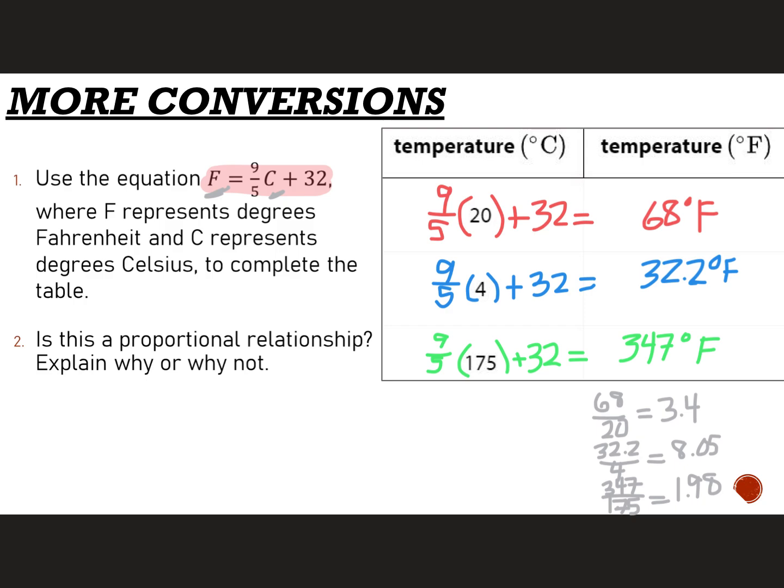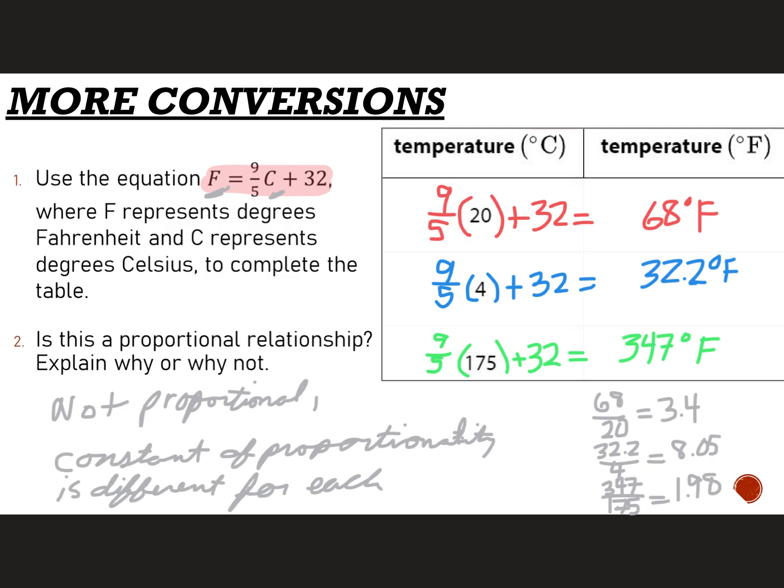So since these are all different, this is not proportional. And your reasoning could be that your constant of proportionality is different for each of the rows of your table.